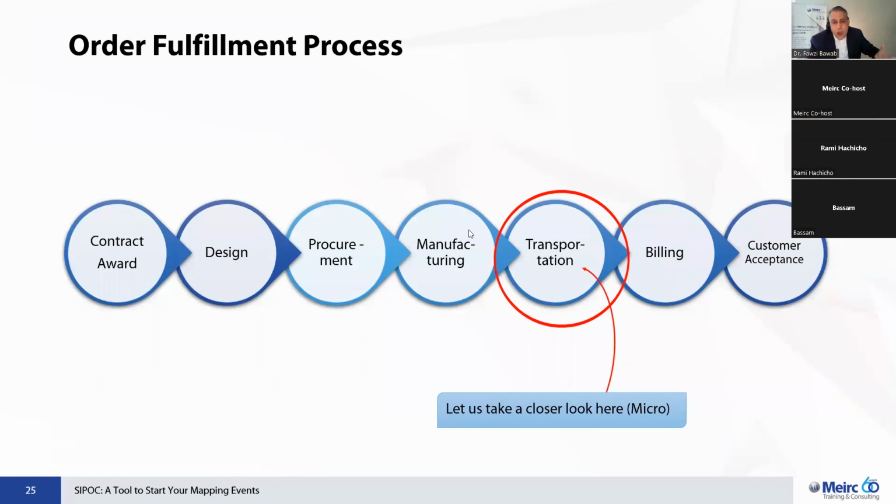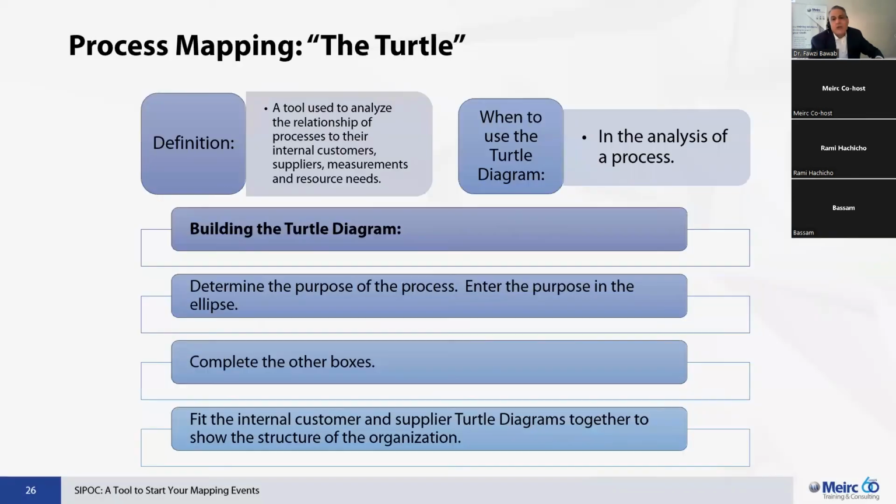So maybe here I have these multiple steps, and I like to understand what a certain activity is doing using the enhanced SIPOC. So I can take this and then I can zoom into that step and I can create something called the turtle diagram.